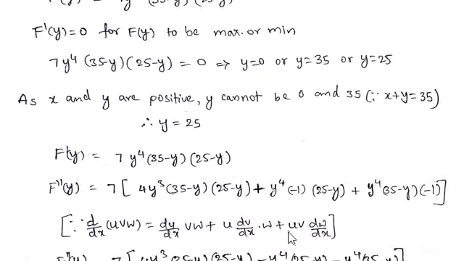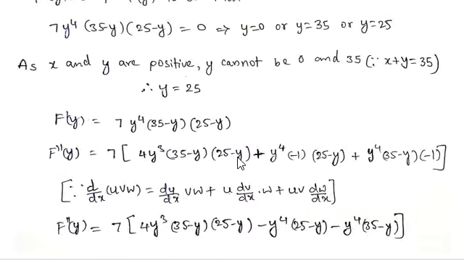Plus u v, that is y to the power of 4 into (35 minus y), as it is, and differentiation of the last term w: 25 differentiation is 0, and y differentiation is 1, with the minus, so minus 1.